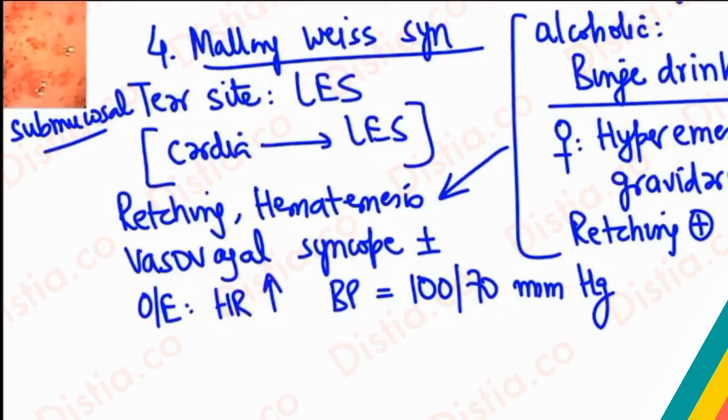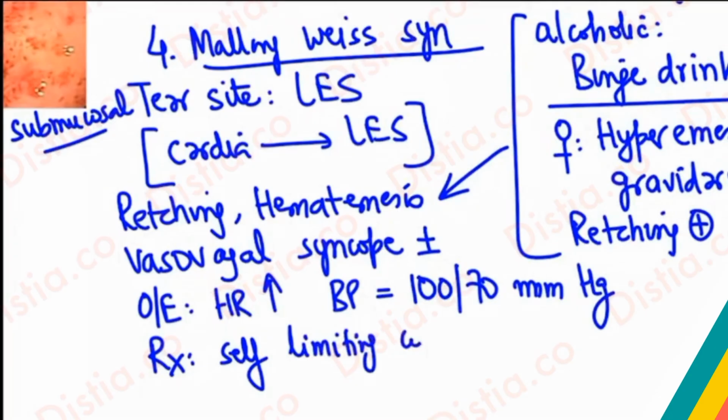Mallory-Weiss syndrome, guys, is a self-limiting condition. It's a submucosal tear that is present. So as such, the threat to life with Mallory-Weiss will be relatively lesser. This explains why by the time they reach the casualty, the person is up and awake, and with conservative management, the patient will recover.